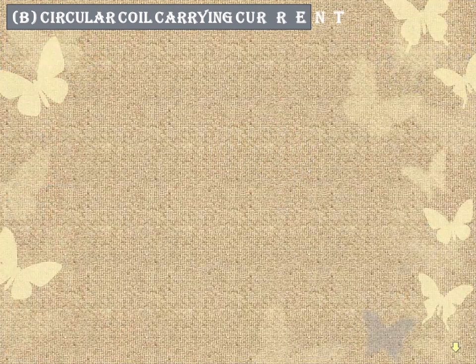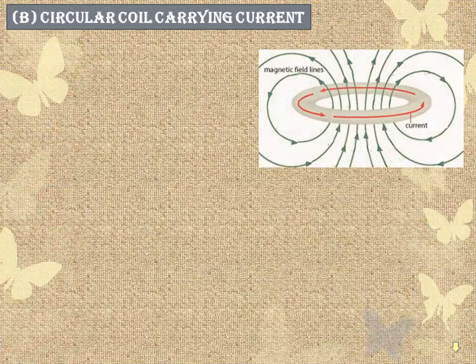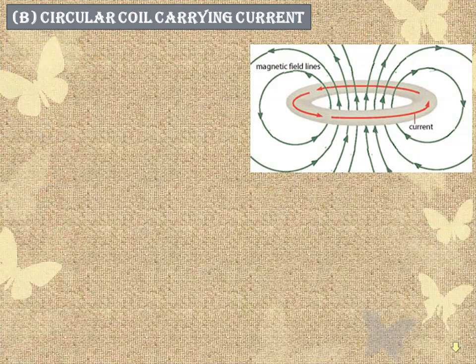Next one, circular coil carrying current. You can see a circular coil which carries a lot of current here. This is magnetic field lines and this is the current through that circular coil.